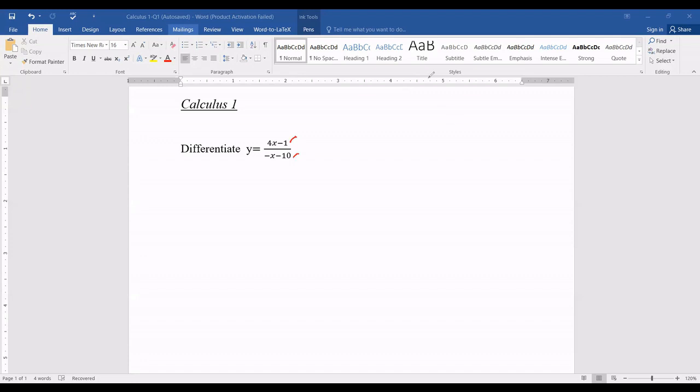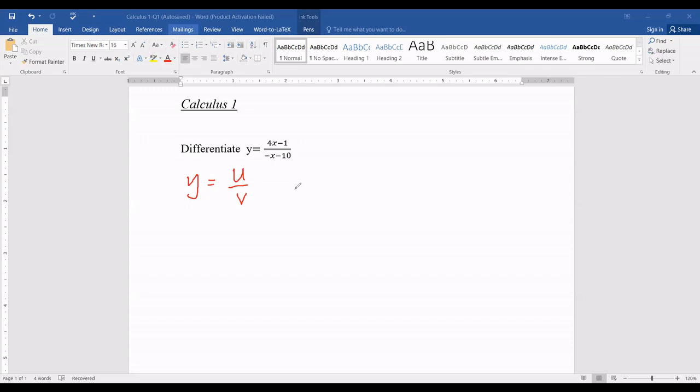Before we attempt this, first you will need to know the quotient rule. The quotient rule is applicable when you face this type of problem. The quotient rule is in this form: y equals u over v. This is a type of fraction.